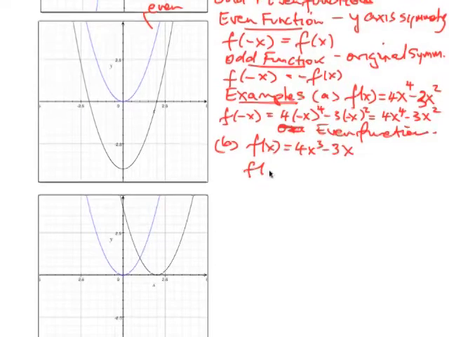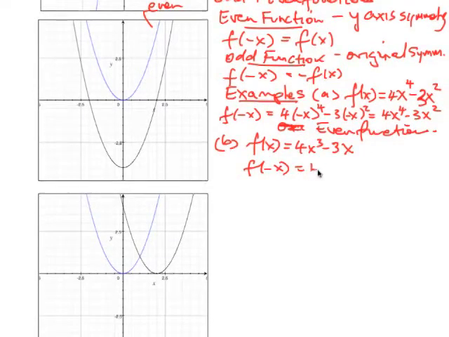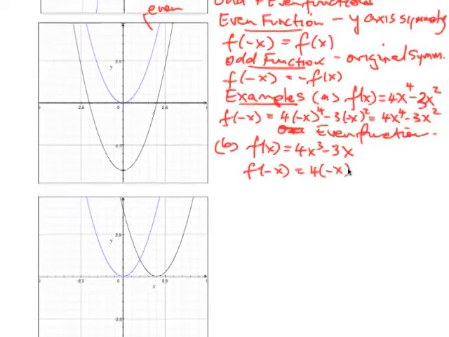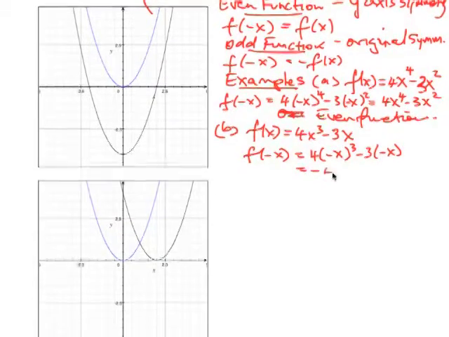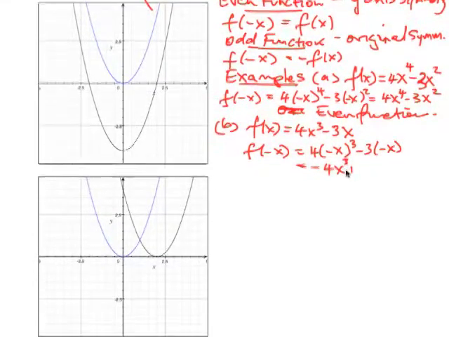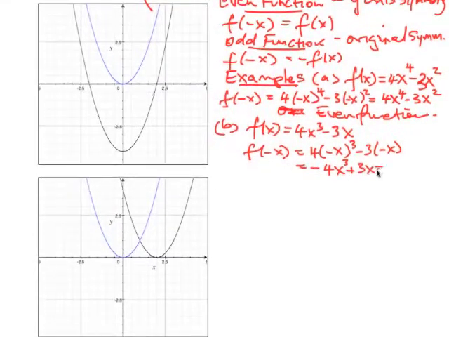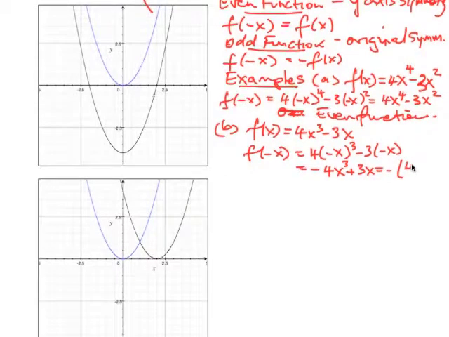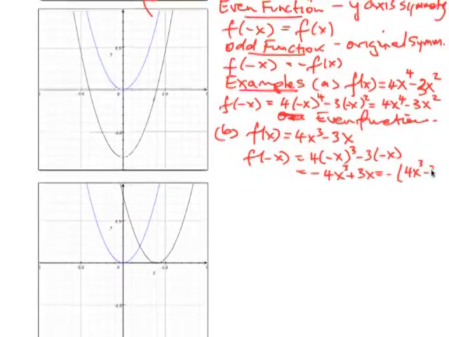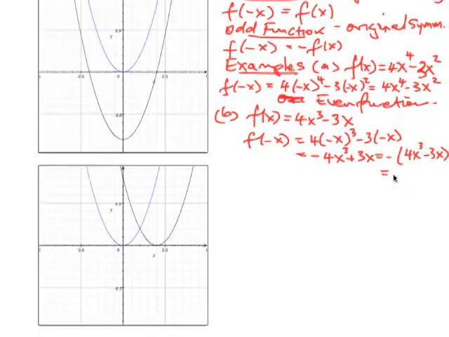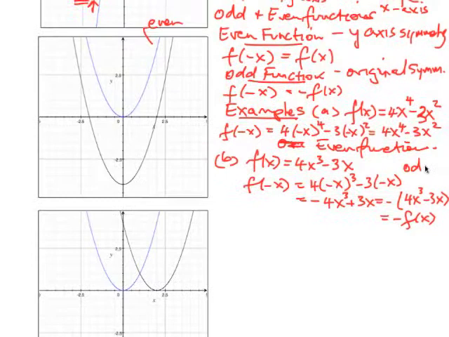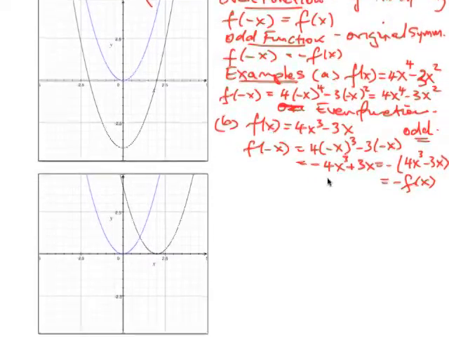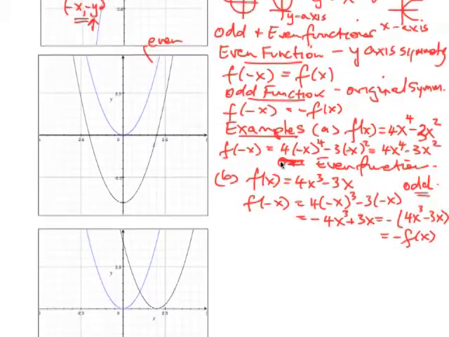Then notice that if I have f of negative x, the test is very much the same. 4 times negative x cubed minus 3 times negative x, I end up with negative 4x cubed plus 3x, which of course is equal to the negative of 4x cubed minus 3x, which is negative f of x. And so this would be an odd function. All right, so that's how we test for that.